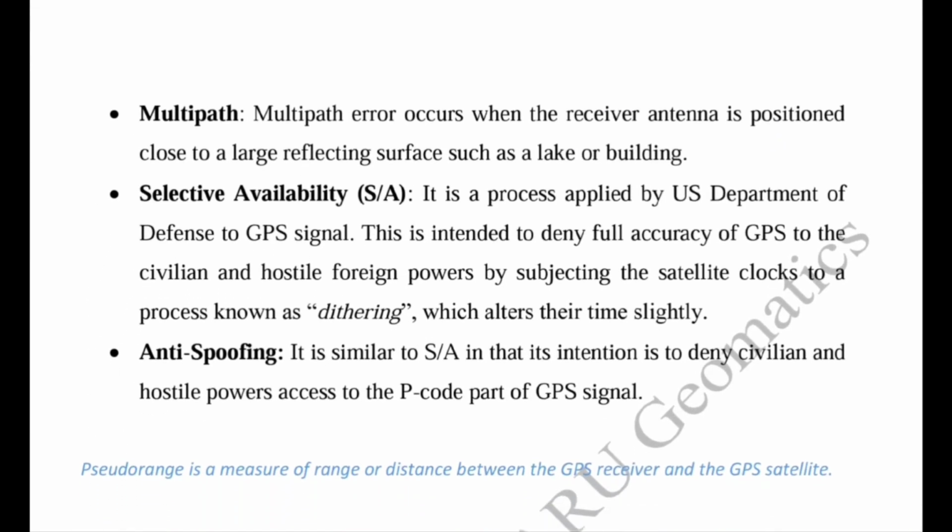Now this is the multipath, which introduces error. And what is the multipath? Basically it comes from objects which have large reflecting surfaces. It may be a building or a lake, because the receiver receives the signal directly from the satellite.